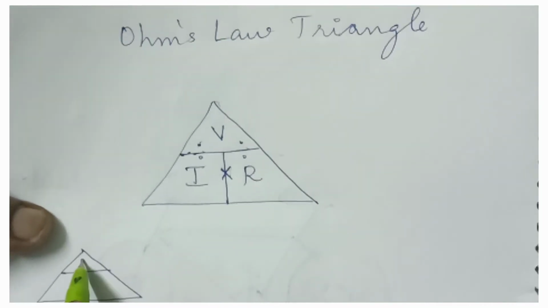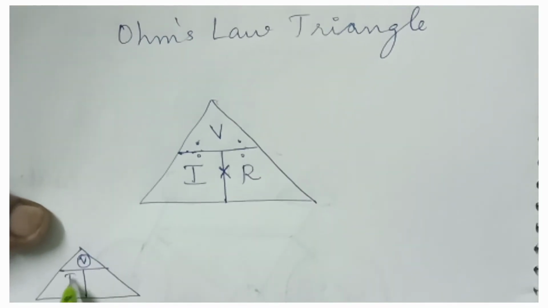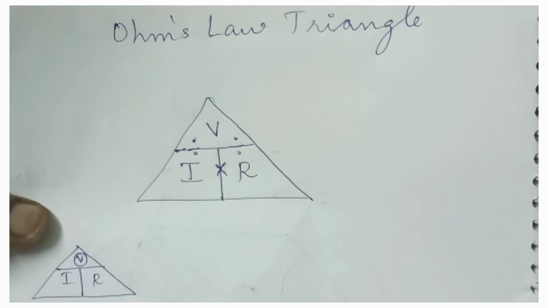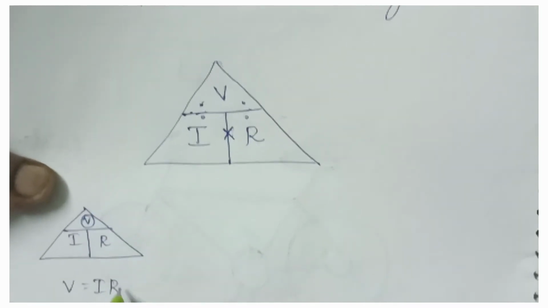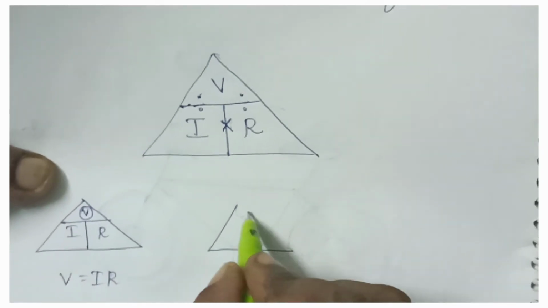So in the first case, when V is asked and I and R values are given, the formula will be V is equal to IR.